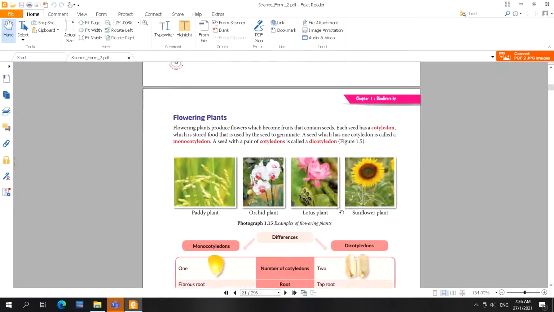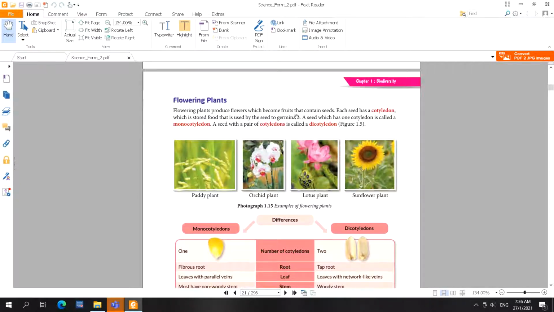Flowering plants produce flowers which become fruits that contain seeds. Each seed has a cotyledon which stores food that is used by the seed to germinate.